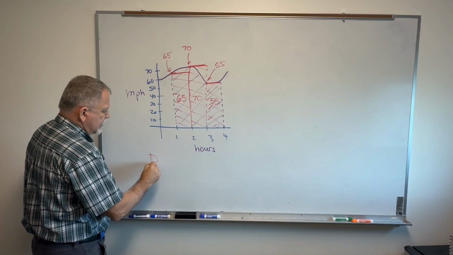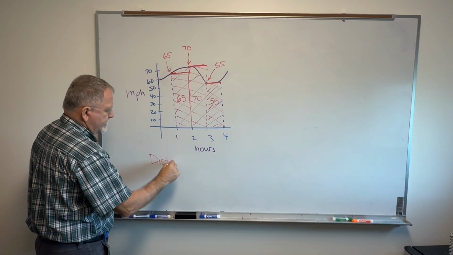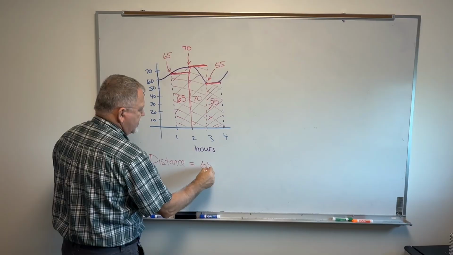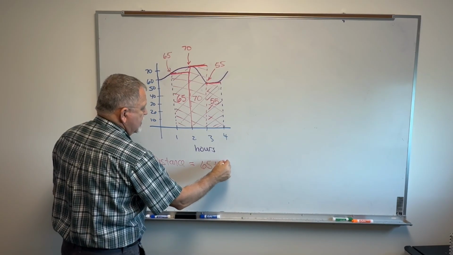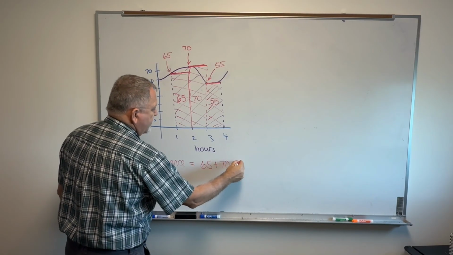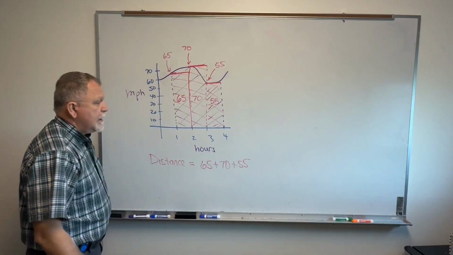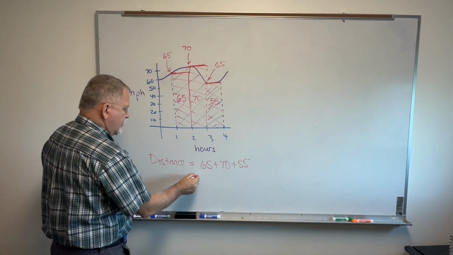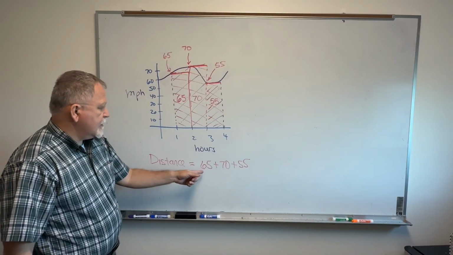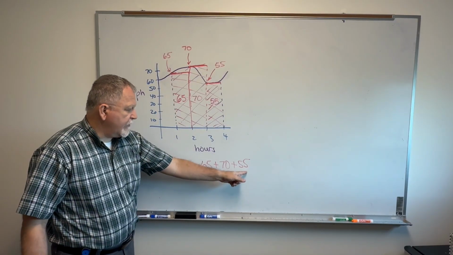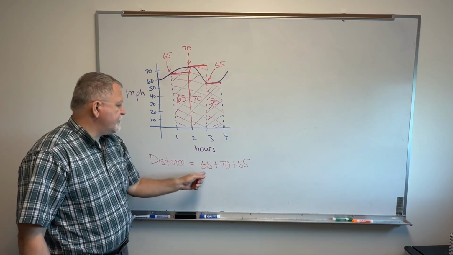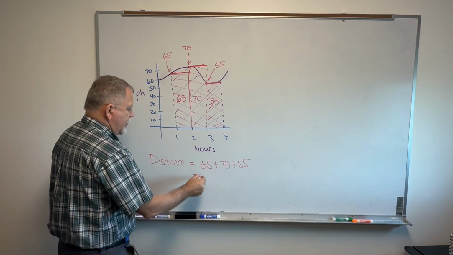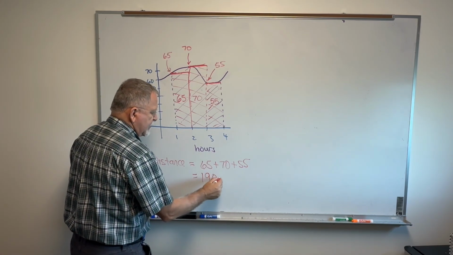So my distance estimate is 65 plus 70 plus 55. And if I add those values up, what do I get? Let's see. The 65 and the 55, that's going to give me 120, and then plus the 70, that's going to give me 190 miles is my estimate.